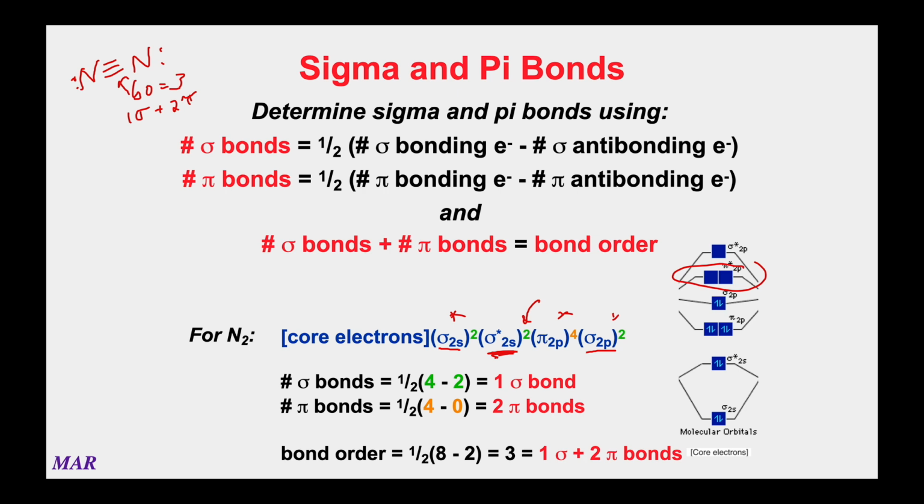First of all, bond order still equals 1/2 (bonding minus anti-bonding). That'll give you a number. And sigma bonds, 1/2 (bonding sigma minus anti-bonding sigma) will give you the sigma bonds. Pi bonds, 1/2 (bonding pi minus anti-bonding pi) will give you the pi bonds. And if you've done it right, sigma plus pi will equal the overall bond order. That's a nice way to check yourself, all right?